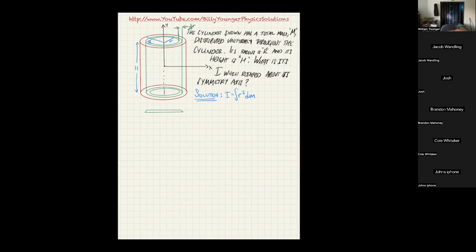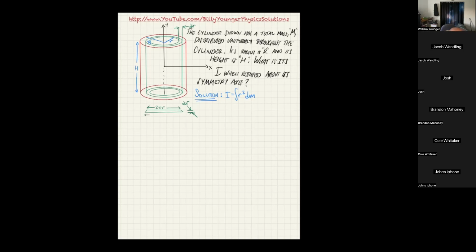If I draw it in 3 dimensions, like this, I would say that thickness is dr, but I'd also say that 2 pi r is the distance from here to here.